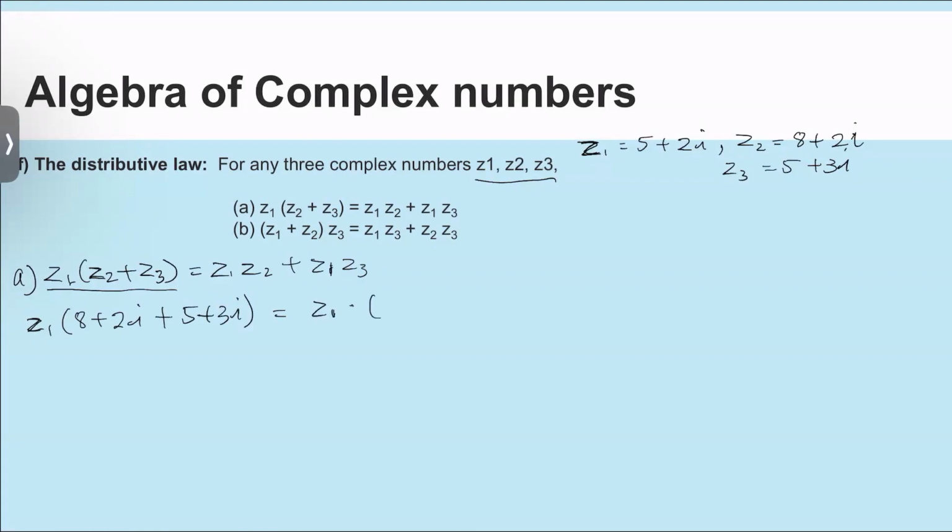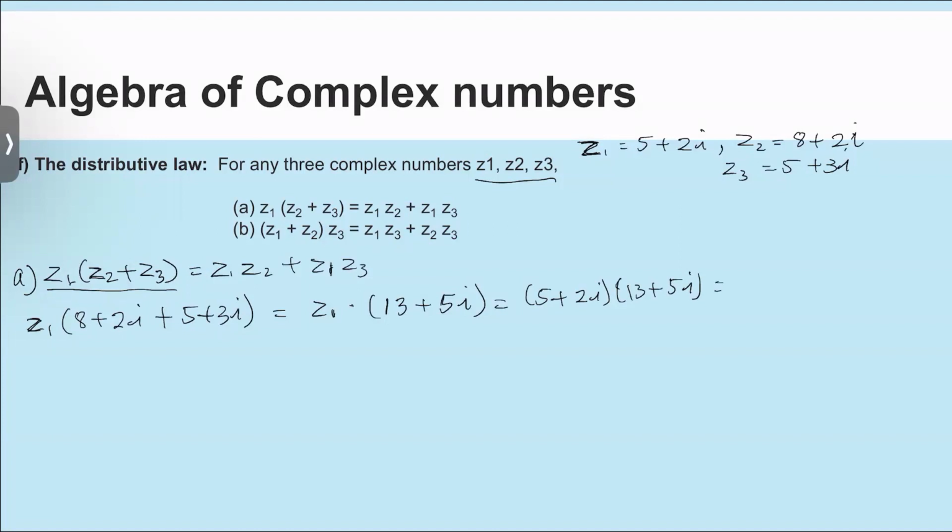So you add the real parts and the imaginary parts. 8 plus 5, so you have 13 plus 5i. Then you substitute for your z1, so that is 5 plus 2i times 13 plus 5i. Let's solve.